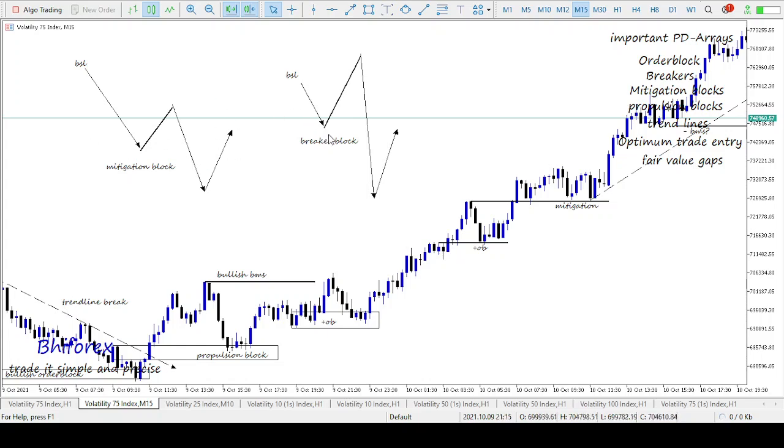So when price comes back into the last candle that sold before the market bought into the buy side liquidity, that particular candle is your breaker block. Some people like to say the candle that trades back into the last down close candle is your breaker block.